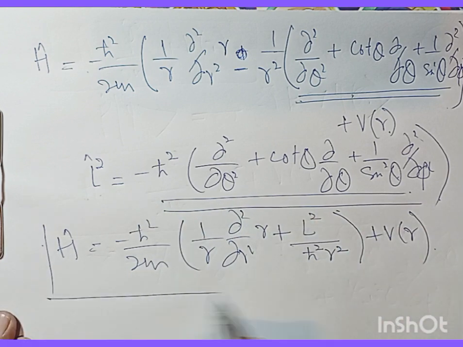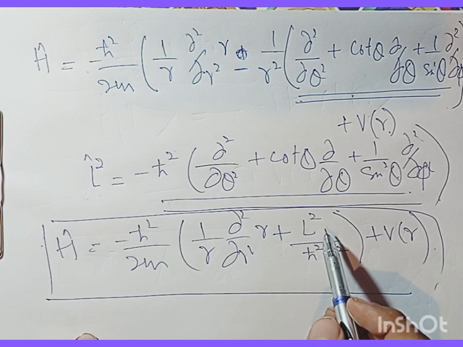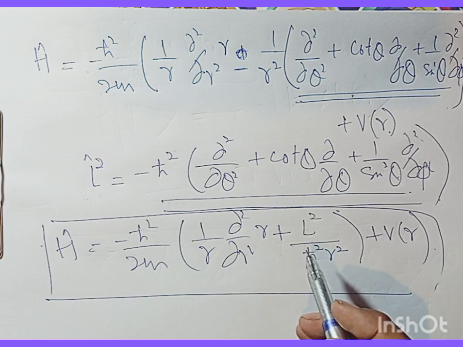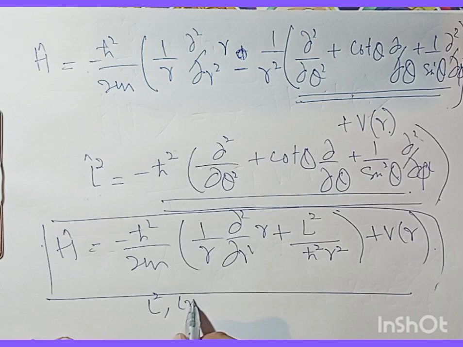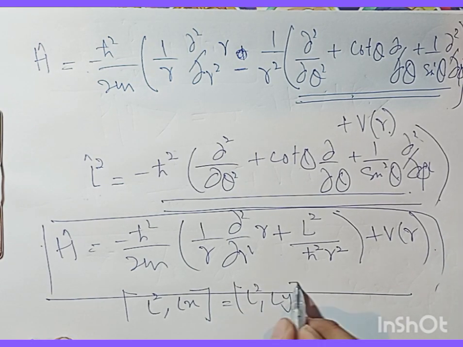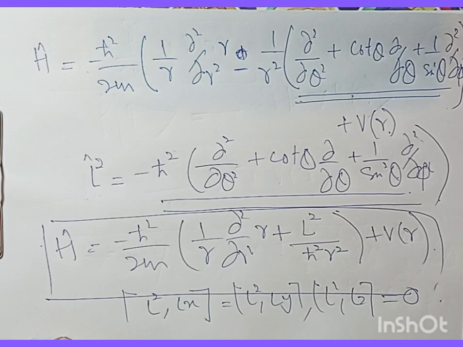What's interesting here is that L square has a range of commutations linked with it. The commutations between L square and Lx, L square and Ly, L square and Lz give you 0.